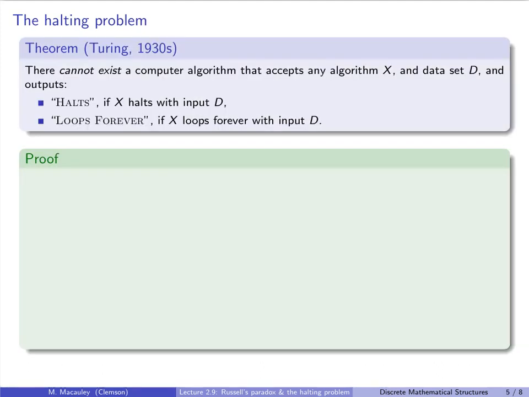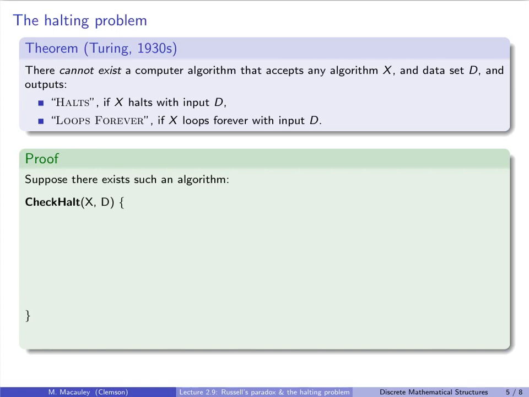Let's get started with Turing's proof of the halting problem. So here's the theorem, just restated. And remember that Turing proved this by contradiction. He said, suppose that there exists such an algorithm.